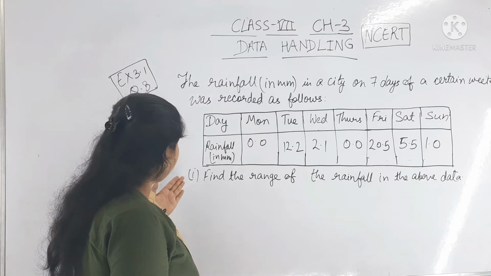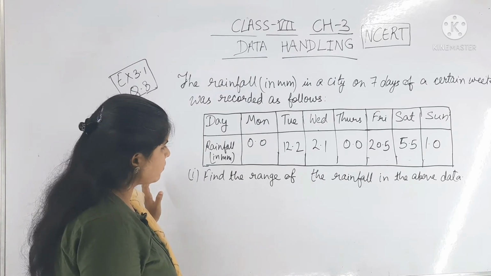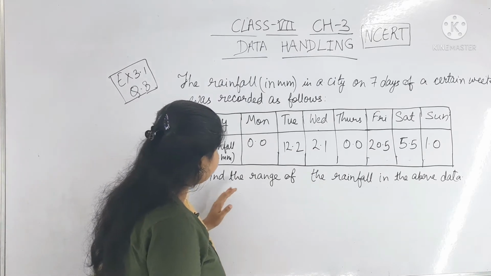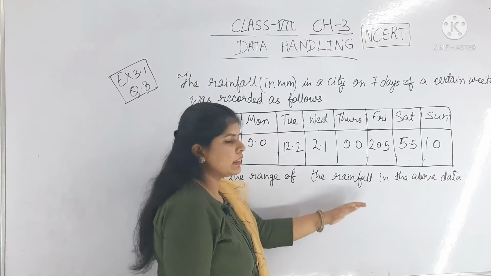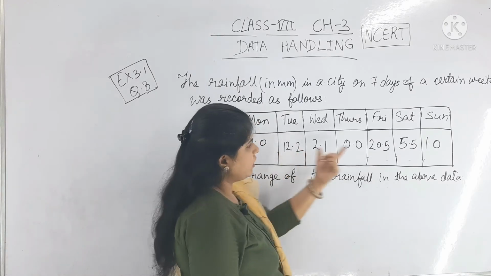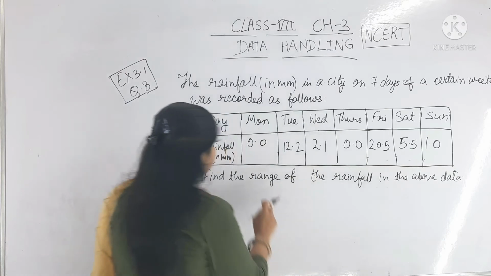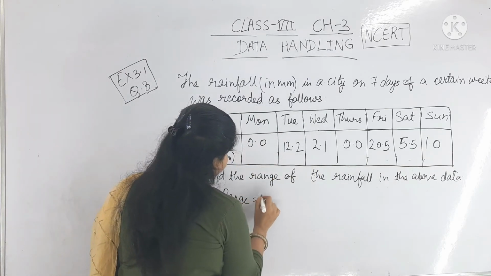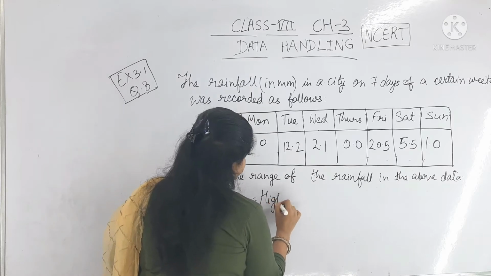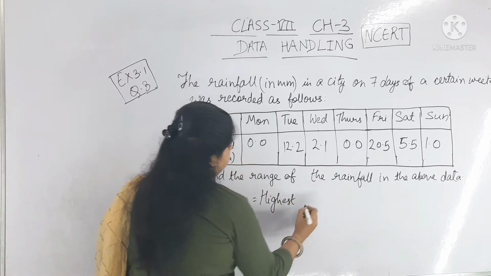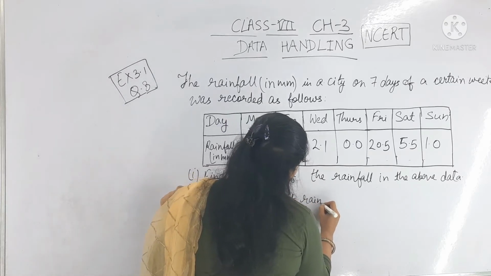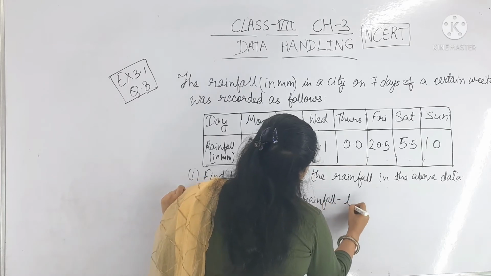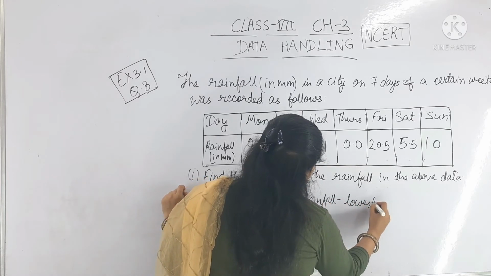Here the first part asks us to find the range of the rainfall in the above data. We know range is equal to highest rainfall minus lowest rainfall.